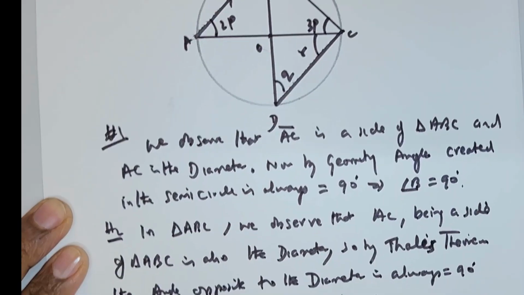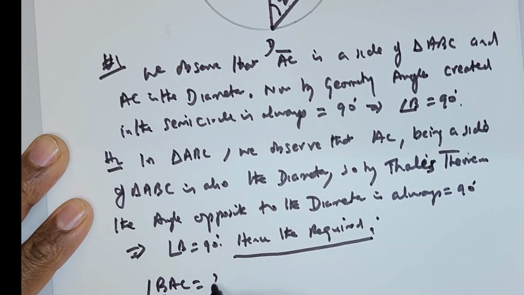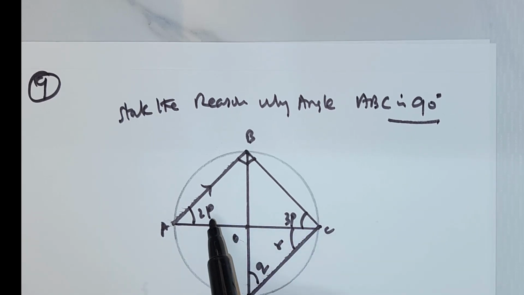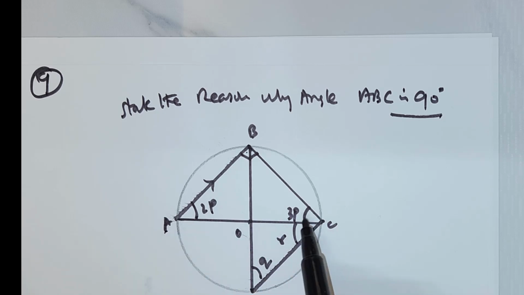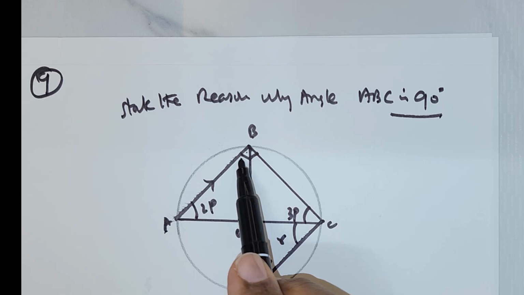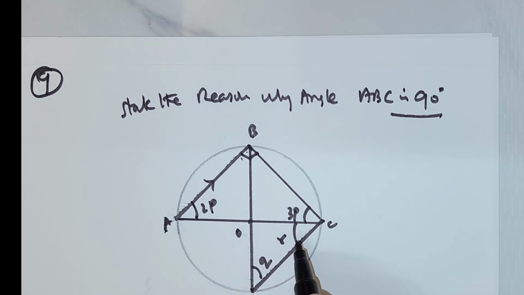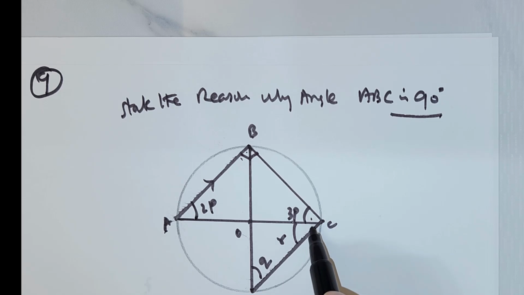So let's move on. Okay, this is the second question. We are expected to find angle BAC. So this angle is required. Now if you observe this diagram, BAC is a triangle, and one angle of the triangle is already found to be 90 degrees. Okay, so we got 3p here on the other side and 2p on this side, and we know the sum of the angles in a triangle equals 180 degrees.